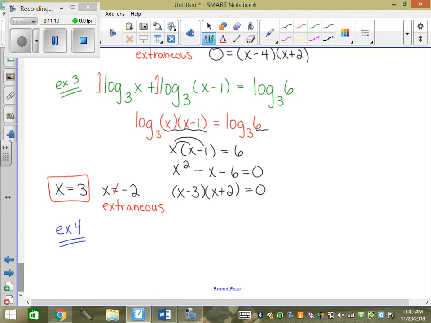Everyone that we've dealt with so far has had 1s in front of the logs, right? So what happens if I ask you to solve 2 log base 3 of x minus log base 3 of x plus 3 minus 3 equals 0?